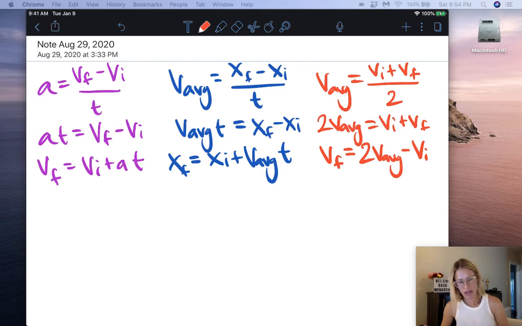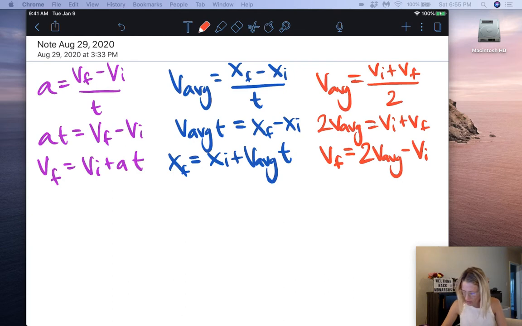And then from here, what I'm going to do now is take this last red equation for the final velocity and plug it into the initial purple equation. So I lied at the beginning. It's only 3 equations that we use, but we're going to get a 4th equation from it.